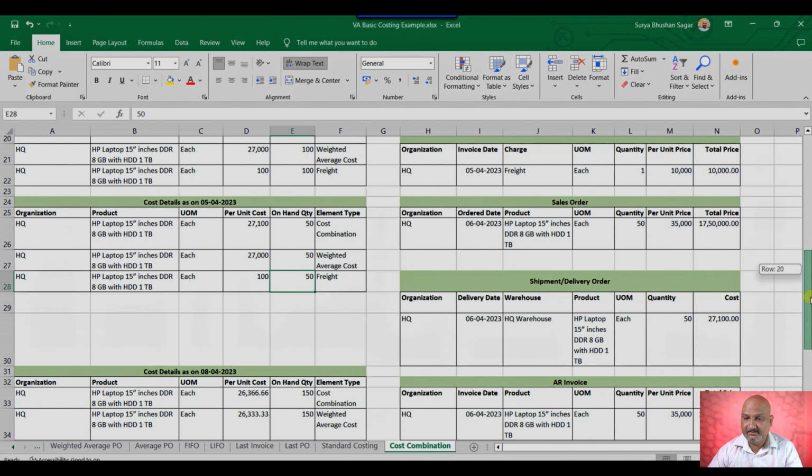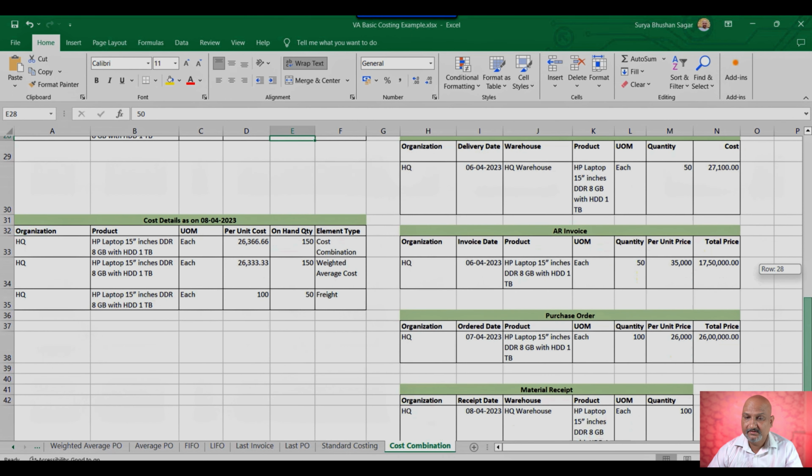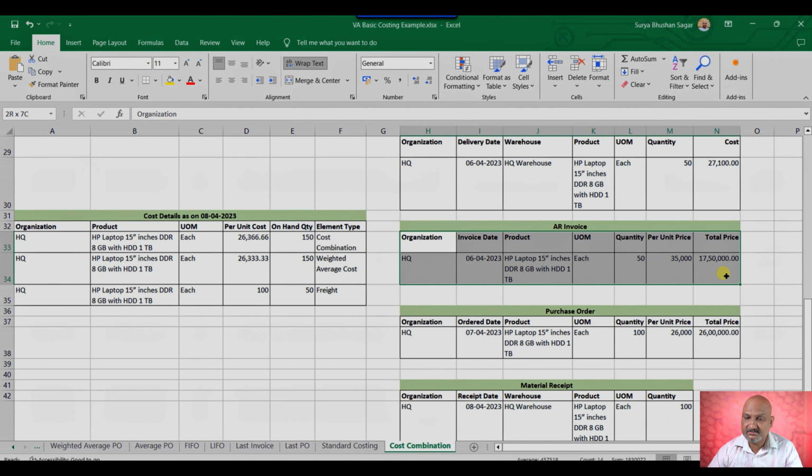Assume that thereafter we have sent the AR invoice to the customer, and then again on the 7th we are procuring this material, but this time at 26,000.